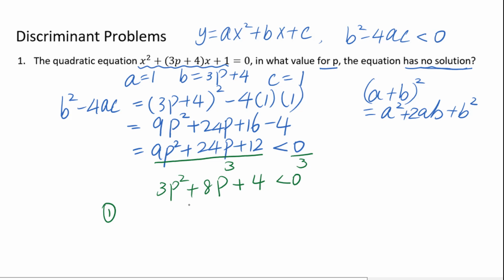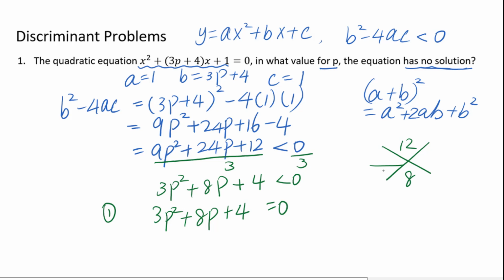For solving quadratic inequalities, first step, figure out the roots. 3p squared plus 8p plus 4 equals 0. Multiply to 12, add to 8: 2 and 6. Divide by 3 and reduce. The variable is p.